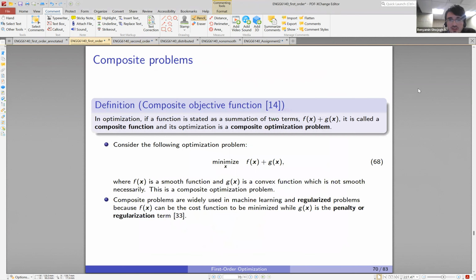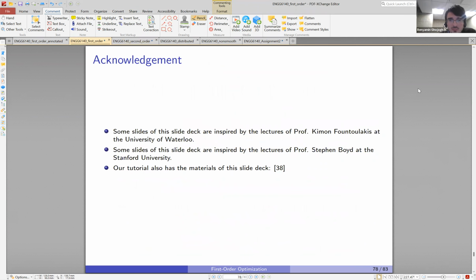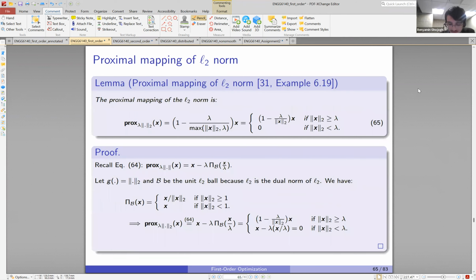Before we start, because there was one part which I had doubt about when I was explaining, I want to mention it very fast. Here I was having doubt about the proximal mapping of the L2 norm. We are saying that, okay, now that we have this, what is this? This is for this part. This is x over L over the second norm of x over L. And yeah, I think something like that.